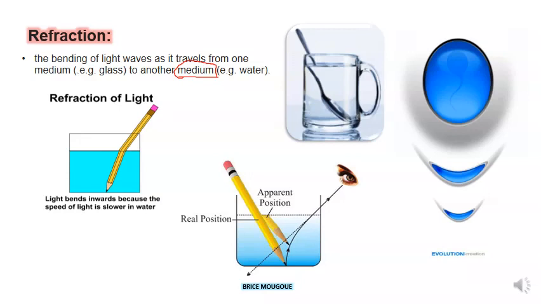Since we agreed that light can pass through all these three different media, do you think light will travel in air the same way as it travels in water, the same way as it travels in glass? The answer is no. Light will travel through them, yes, but at different speeds.